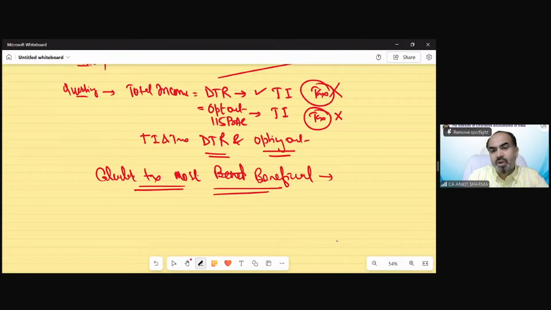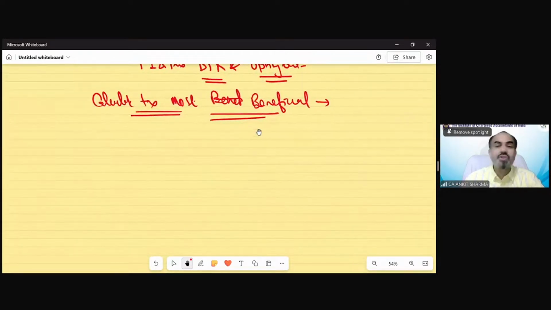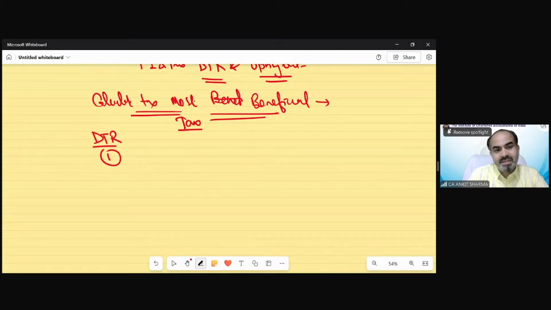So if the question asks you to calculate tax which is most beneficial to the assessee, or calculate the tax in a way to minimize his tax liability, etc., it means you have to calculate tax like this. You have to calculate tax as per default tax regime. We can name it tax 1.